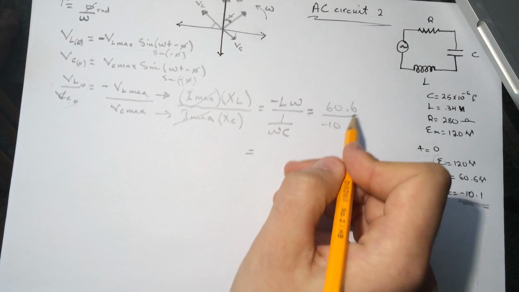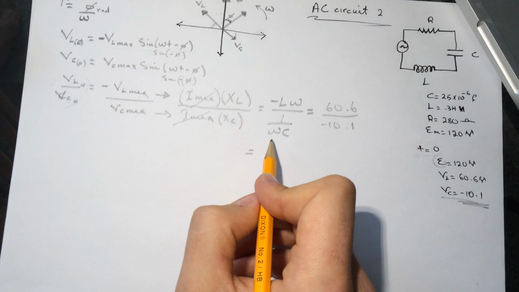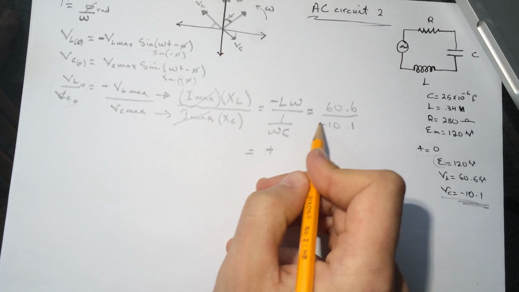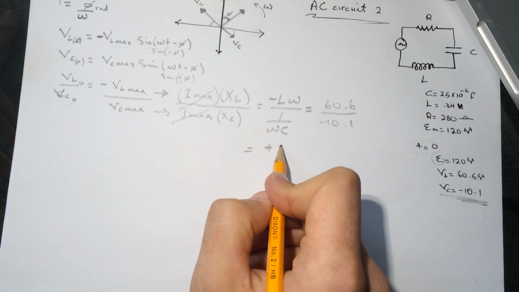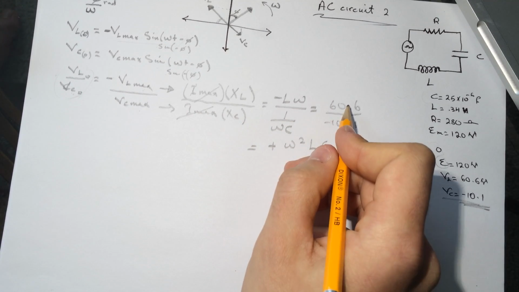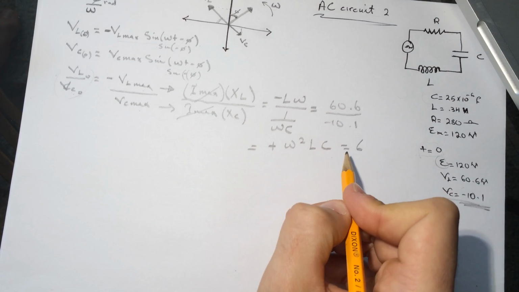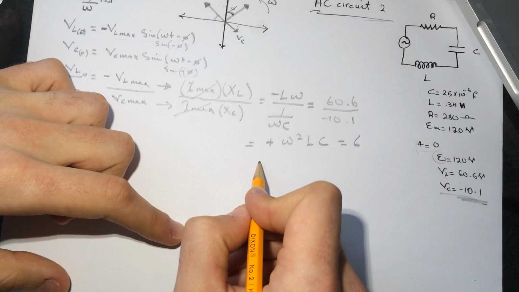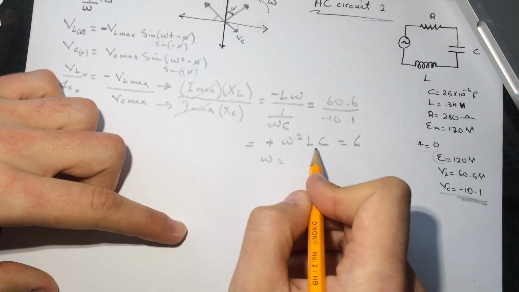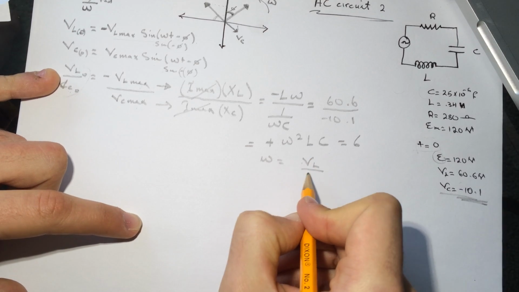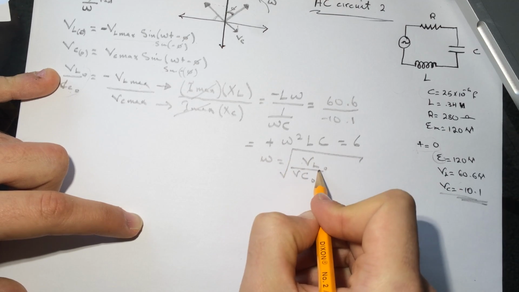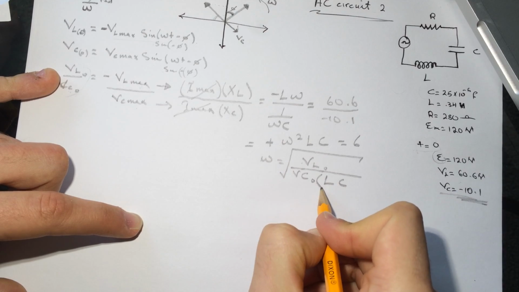So, putting all the algebra together, take this to the upper side, then take the minus sign from here and here. So it's omega squared LC, and this divided by this is equal to 6. Okay, so the omega will be equal to, let's keep it in variables, the square root of VL over VC0, and then it's LC.